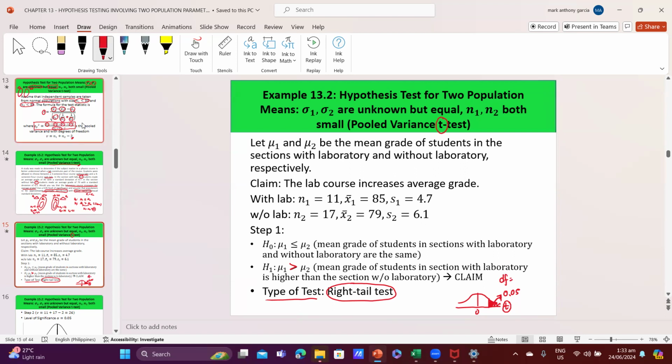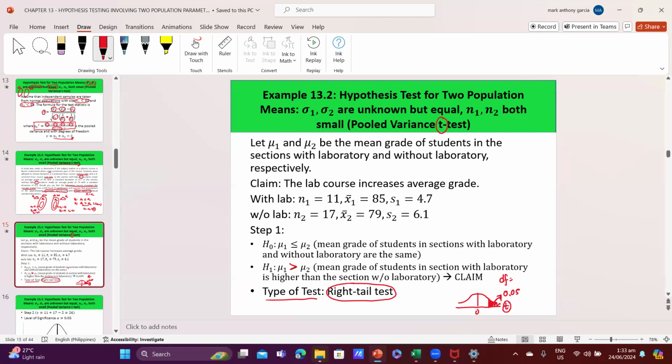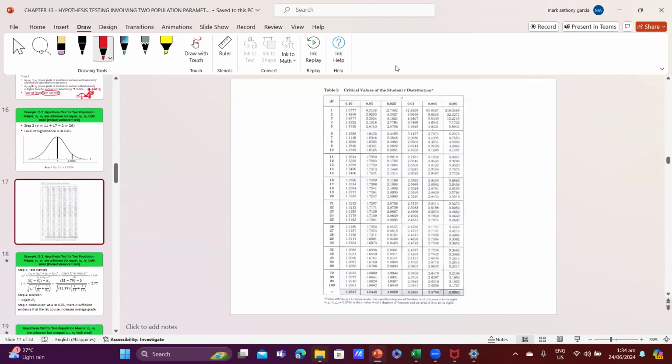The degrees of freedom formula for the pooled variance t-test is n sub 1 plus n sub 2 minus 2. So in this case, it's going to be 11 plus 17 minus 2, which is 26. So we shall use 0.05 and this degrees of freedom equal to 26 in order for us to read the critical value.